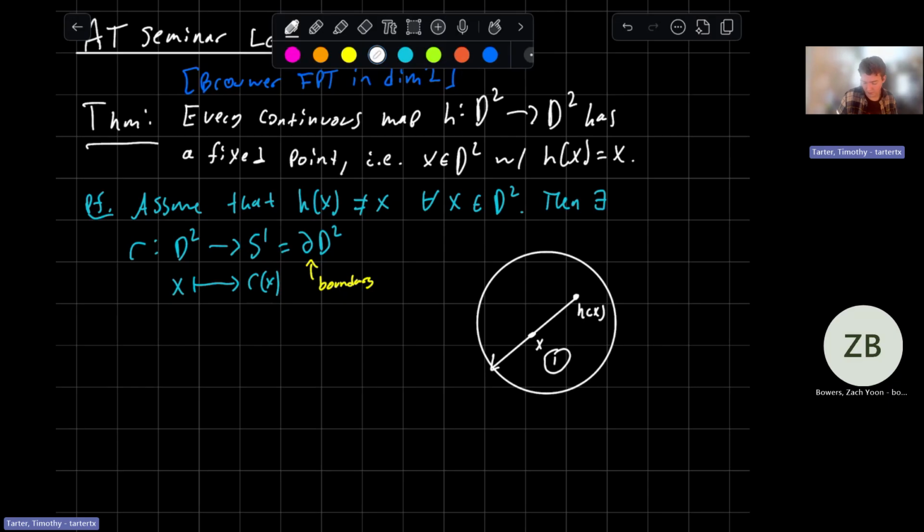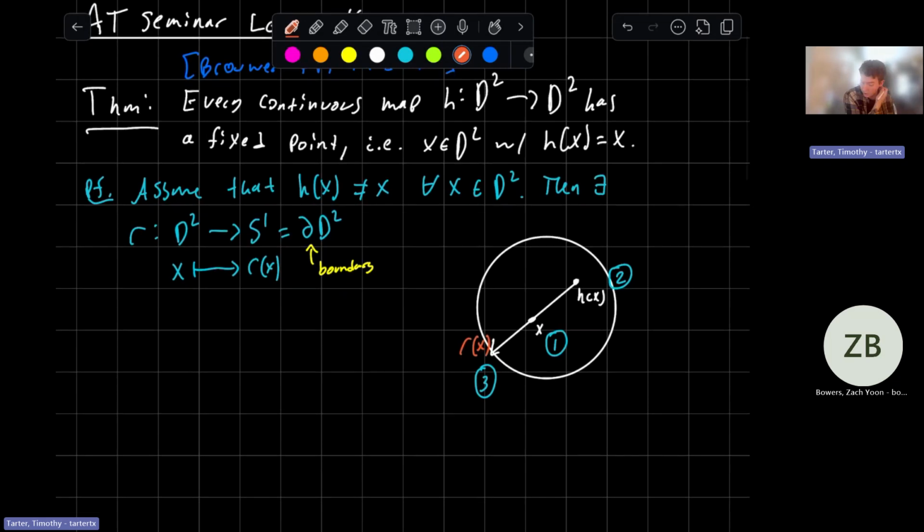So the thing that happens first is we pick x, then we say h of x is not a fixed point, and then we map it to r of x, which is the more interesting thing here.